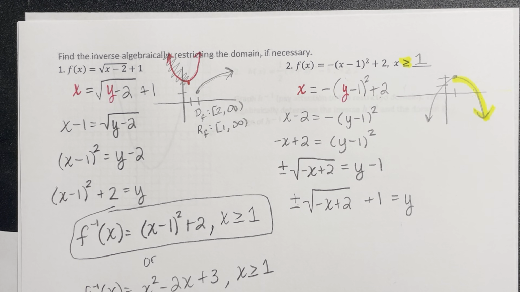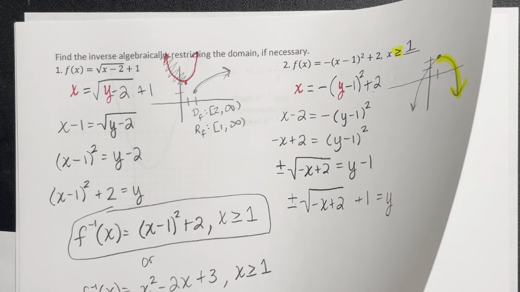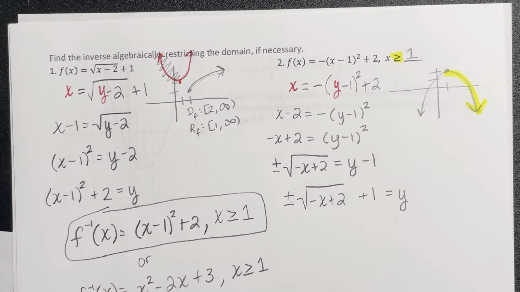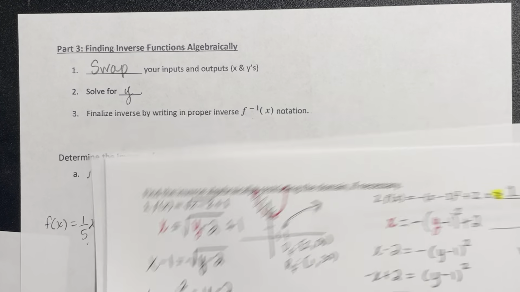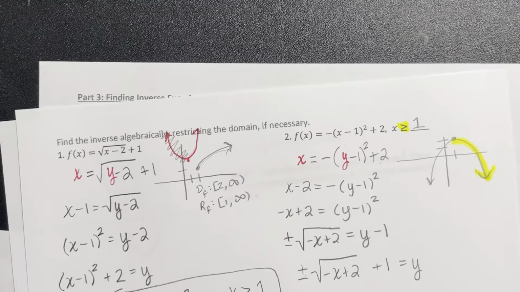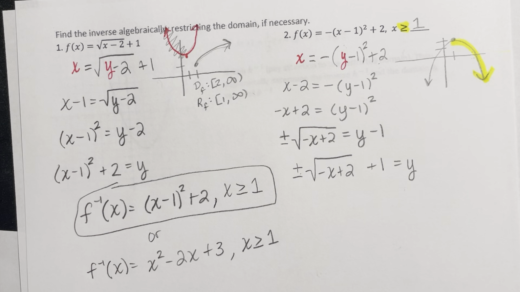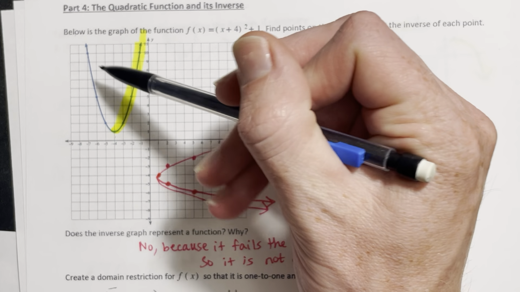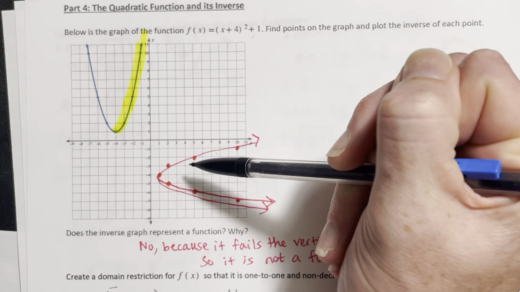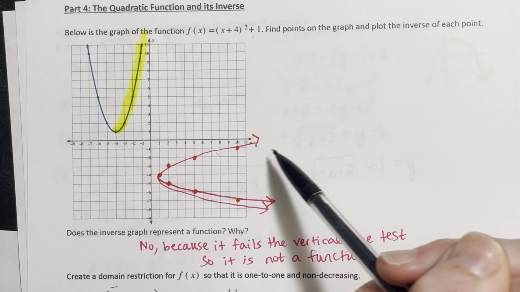Earlier, we had to graph those inverse functions. Let's see if I can find that graph. Oh, all right, I already lost it. Here we go. We have an inverse graph of a quadratic function, and the inverse was a sideways parabola.